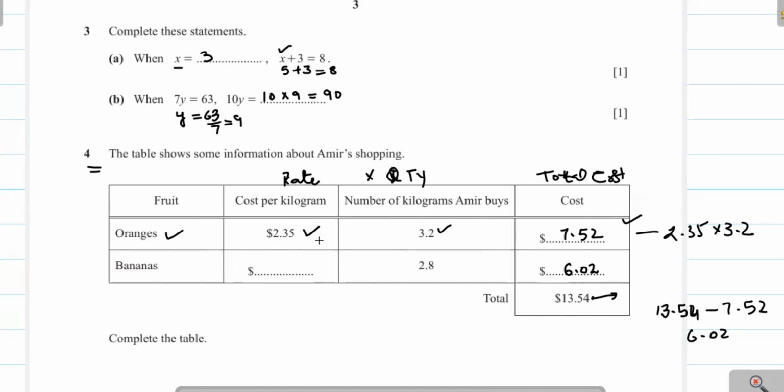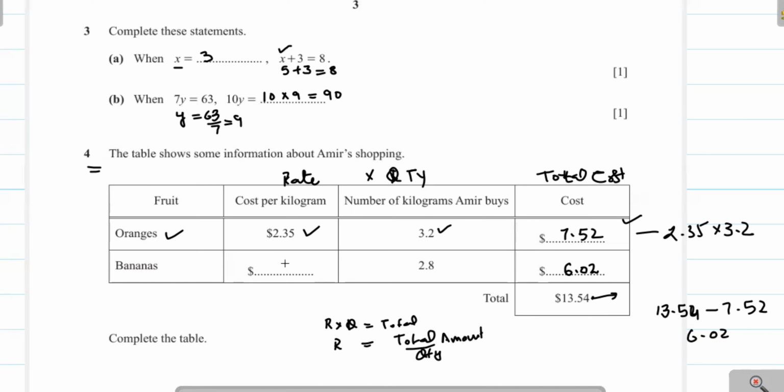Now you see here when you multiply rate by quantity, that value equals the total cost. And therefore, if we have to find the rate, we can divide the total cost by the quantity. Therefore, we get the rate of the banana.